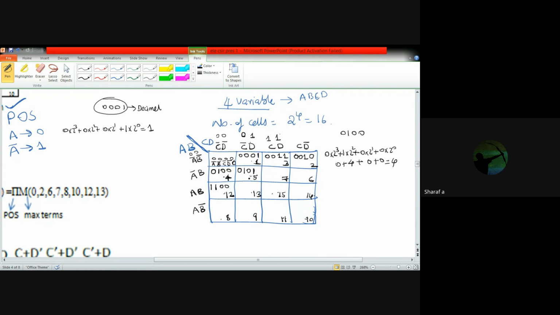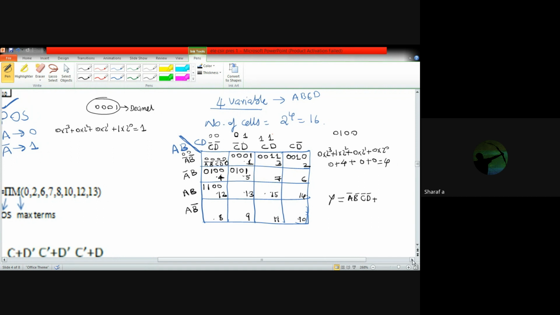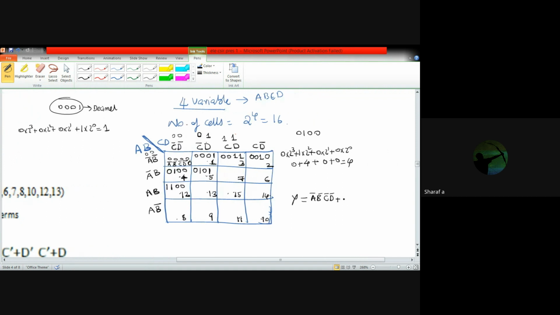Okay, so these numbers represent the address of each cell in the K-map. In the question, either they can give the expression or they can give the cell addresses. Suppose you are given y equal to a bar b bar c bar d bar, plus some other term, a bar b c bar d bar.